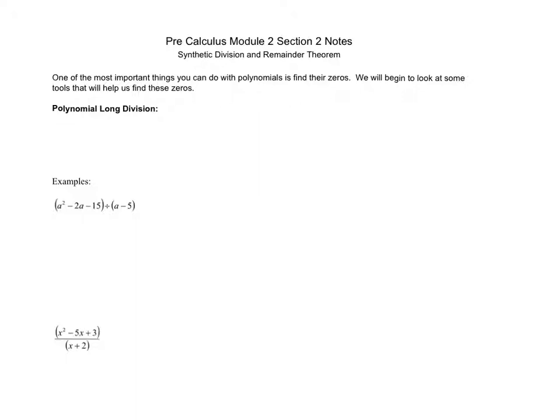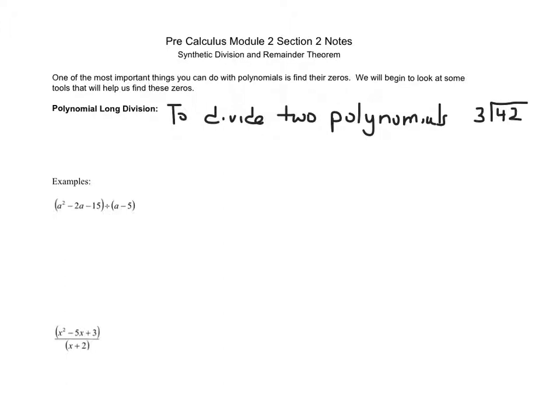Now, polynomial long division is simply used when you want to divide two polynomials. It works very similar to the way you did division in grade school, where we do long division, where we say maybe 3 divided by 42. 3 goes into 4 one time with a 3.